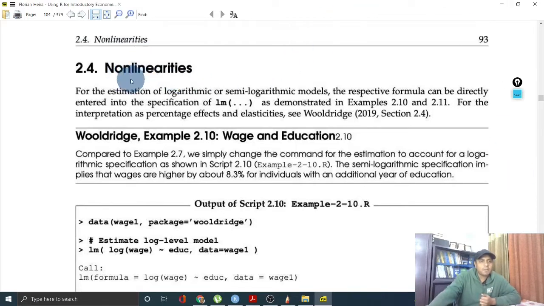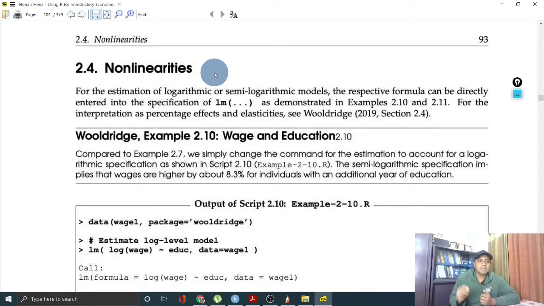Today we are going to talk about non-linearities. In the last video we discussed the goodness of fit, as well as how to find correlation, coefficients, residuals, and all that information using our programming language. And we understood the meaning of goodness of fit, how good the model is.